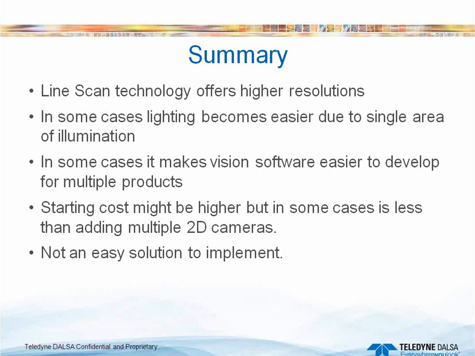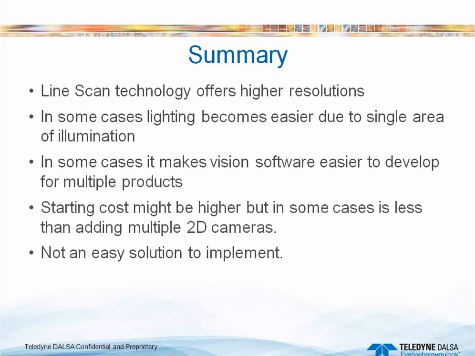It's easier to illuminate in a lot of cases because you only have to worry about a single line of illumination, versus a 2D camera where you have a lot more area to try to get consistent illumination. So it is a little more difficult to set up, but once you have it set up, it's a lot more uniform. And again, you have that flat field correction that the cameras offer you.